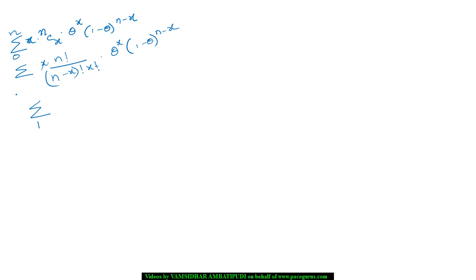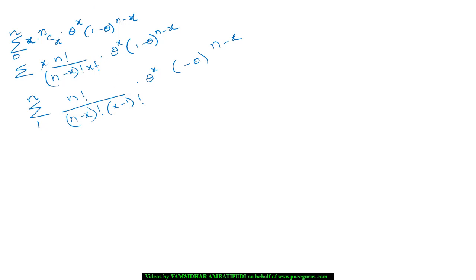I'll take it from 1 to n, and this is becoming n factorial divided by n minus x factorial into x minus 1 factorial, because the x I am taking out, theta to the power x, 1 minus theta to the power n minus x. Right?